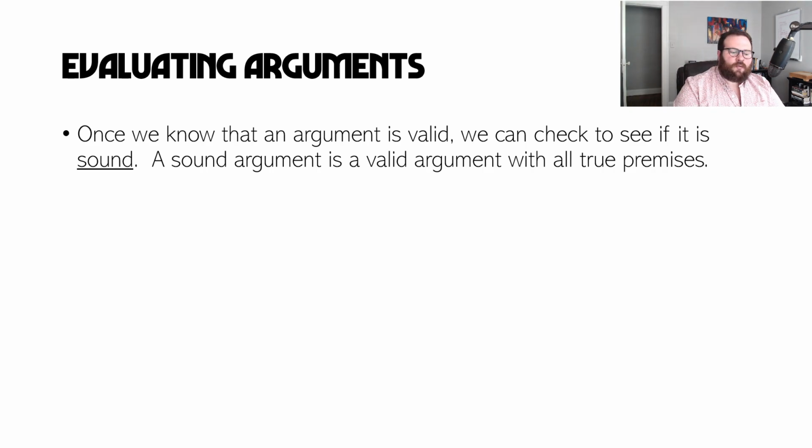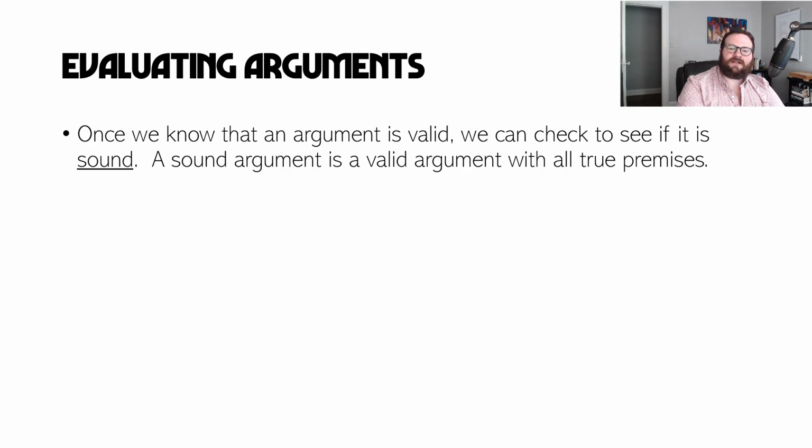All right. Now, there is one more way that we can evaluate the kinds of arguments we're going to be looking at in this class, and that's to see whether the argument is sound. Okay? Now, a sound argument has two ingredients. First, it's valid, right? So only valid arguments can be sound.